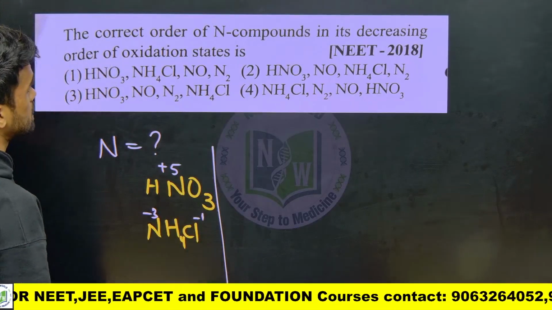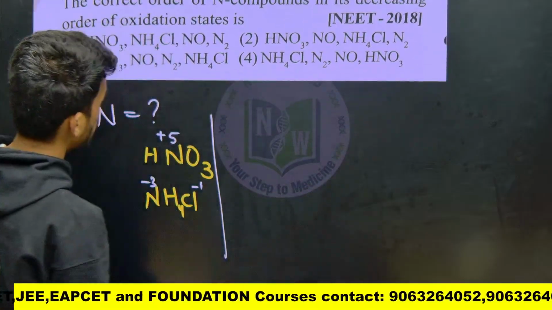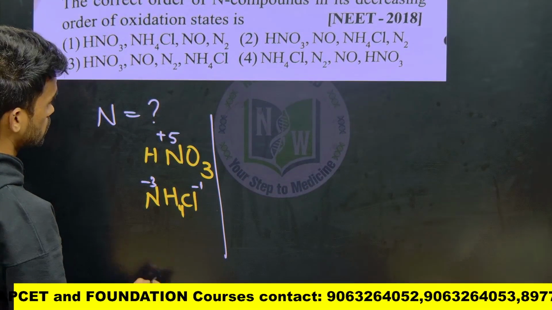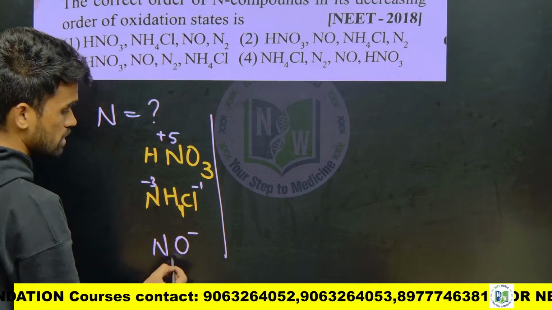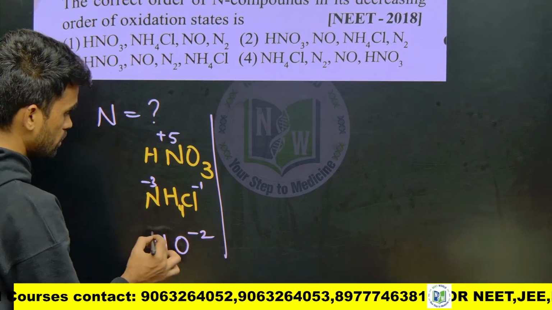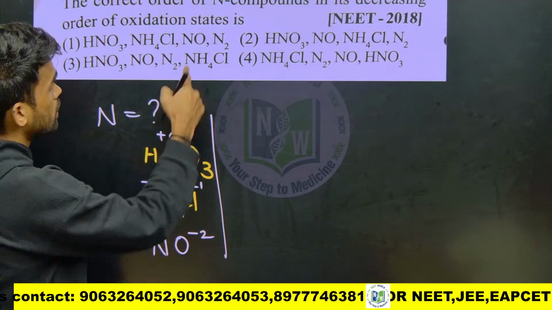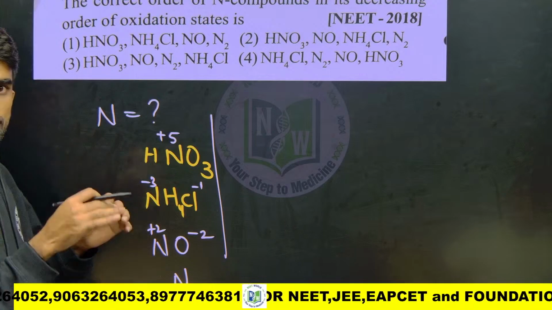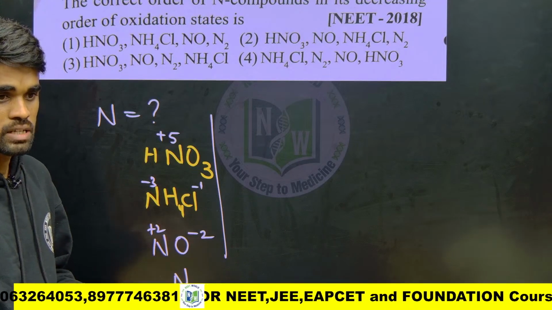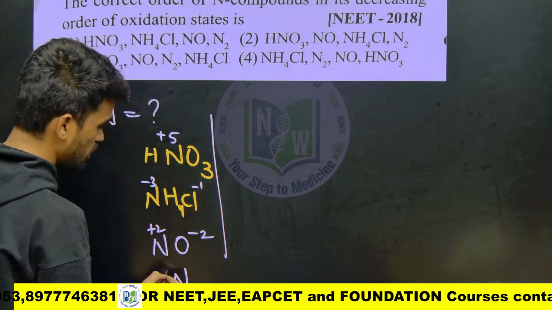Then next, NO. In NO, oxygen is more electronegative, -2, so this will be +2. Next, N2 we have. Whenever an atom is combined with itself, the arbitrary charge or the oxidation state will be 0 for that molecule.